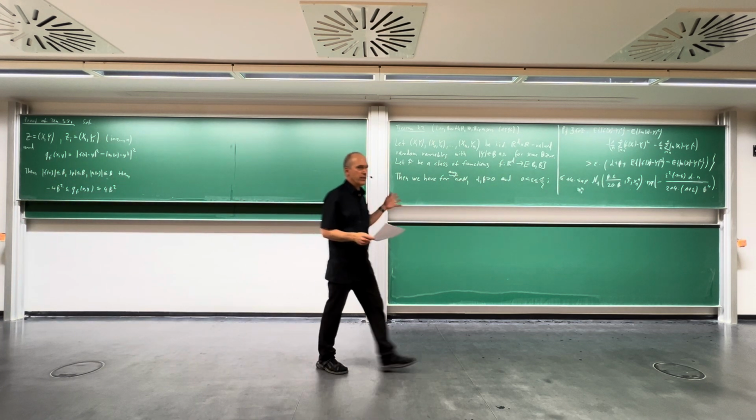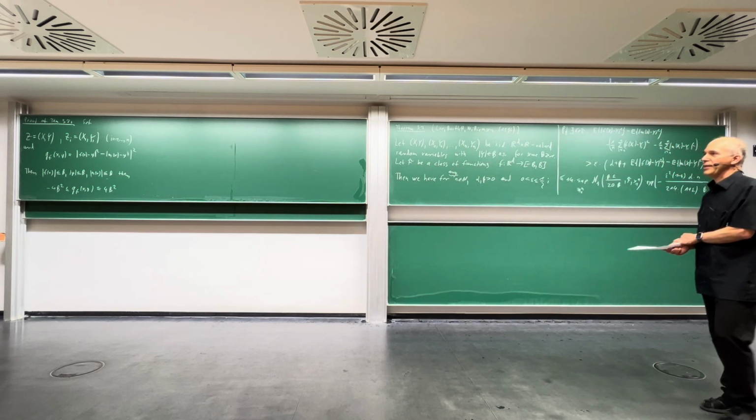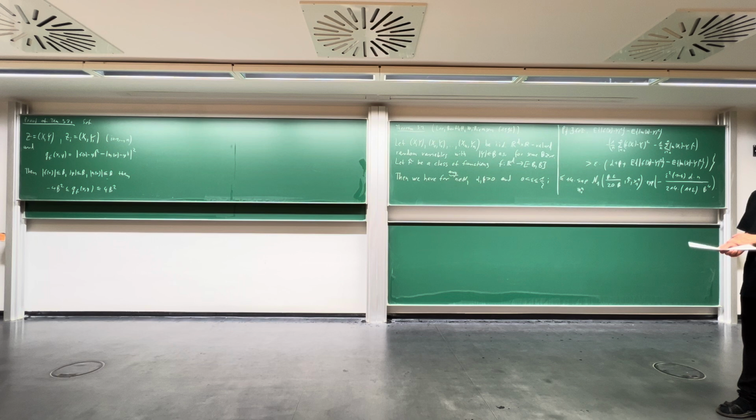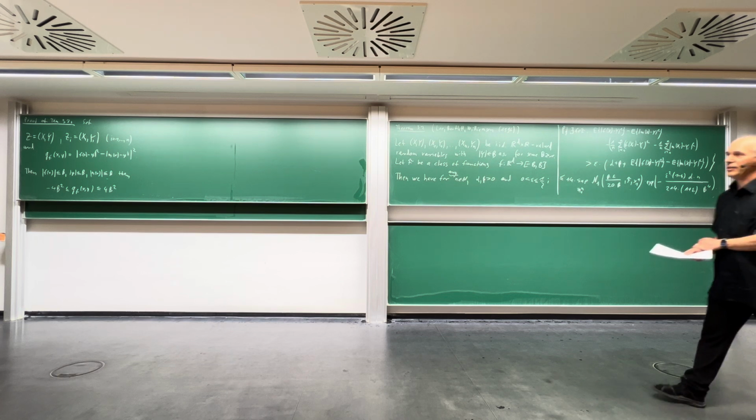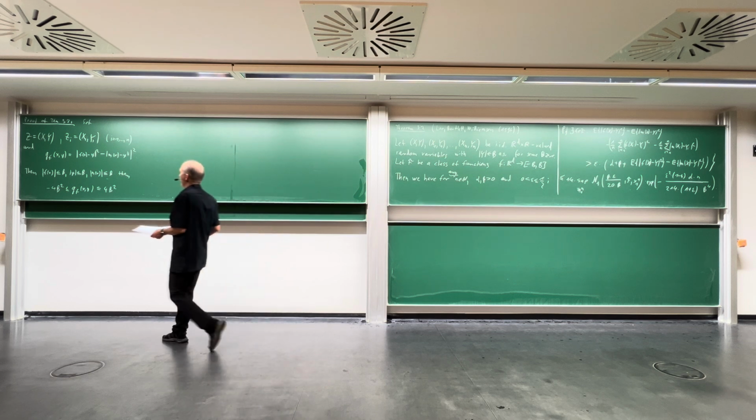And we have also just seen before that in the setting of our theorem, the expectation of g_f(X,Y) squared is less than 16b squared times the expectation of g_f(X,Y).